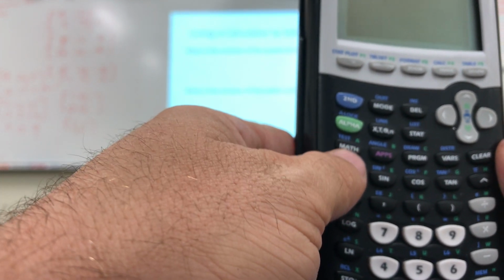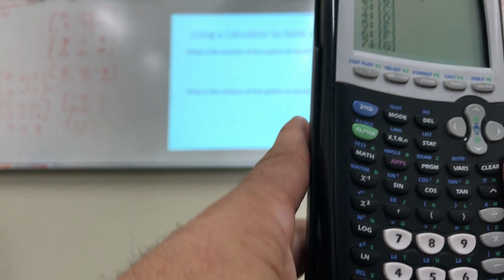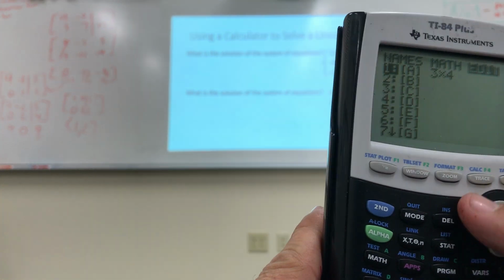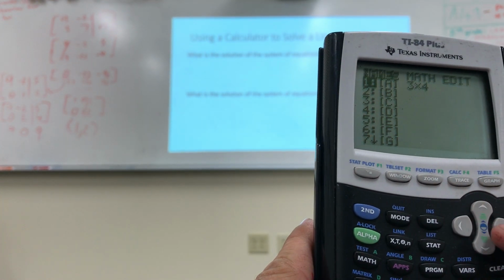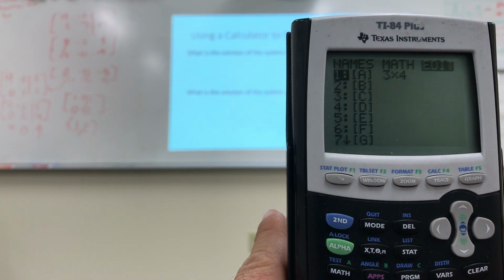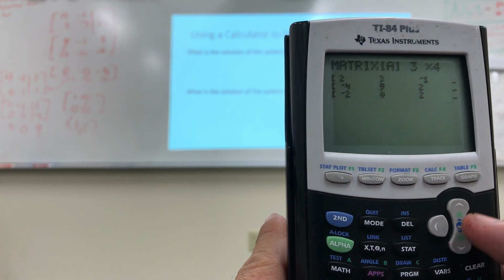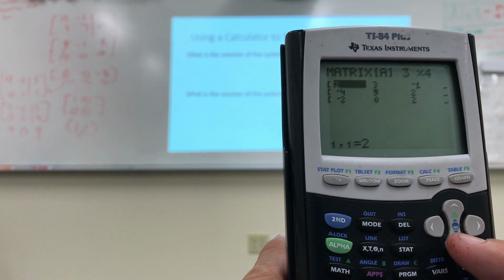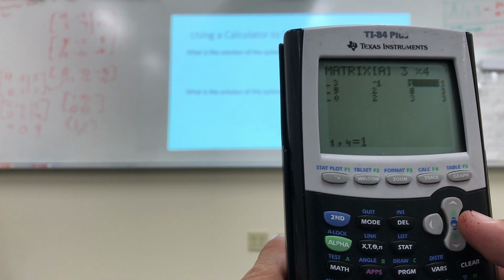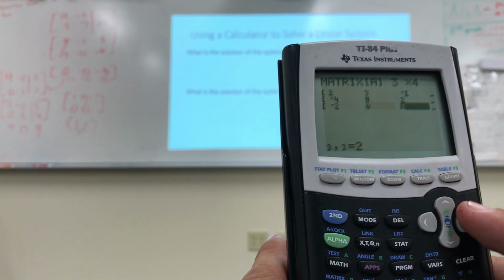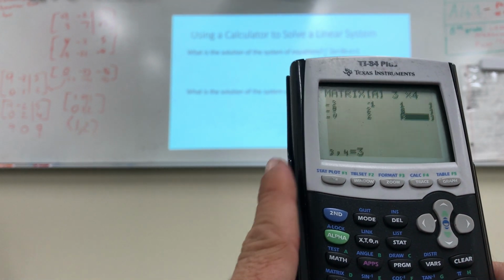You're going to go over to the edit. You're going to hit enter. You're going to put in that this would be a 3 by 4, which I've already done. You're going to implement all the numbers, and then you should be done.